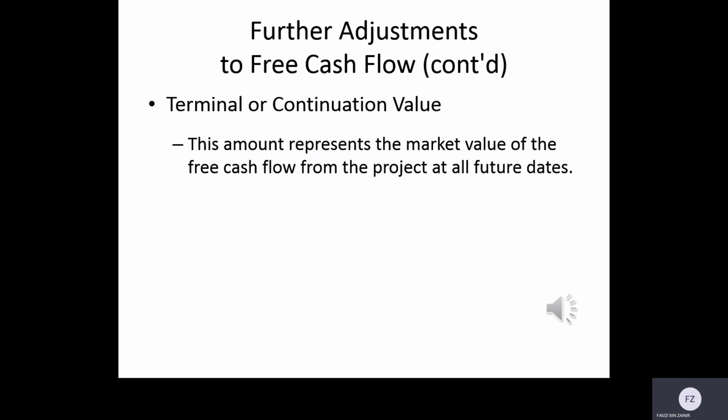So here we find what we call the terminal or continuation value, which represents the market value of the free cash flows from the project at all future dates.